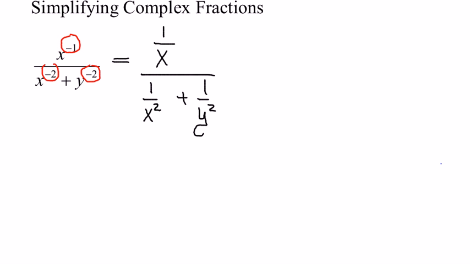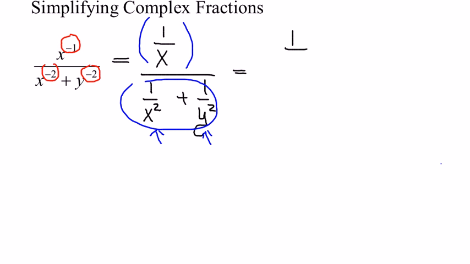Okay, so now this is much like the previous video, where we had one fraction up here in the numerator, and notice now we have 2 fractions down here. So we need to make this into 1 fraction, and we simply do that by finding the least common denominator, which I'm pretty sure you're familiar with by now.